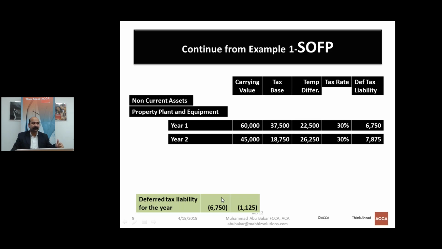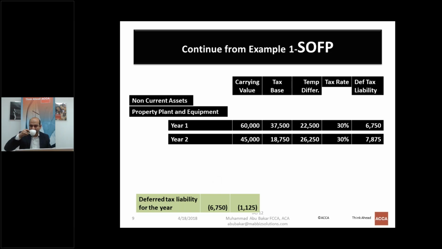Just 1 minute, let me finish with my discussion. And when we calculate deferred tax from income statement figures, this will provide us the for the year deferred tax effect. So that's why when you add these two amounts, you will reach 7,875. Okay.